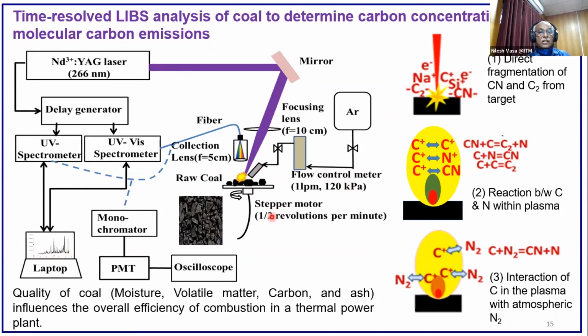So we studied this quantification using the LIBS technique, and we made use of all the elemental lines present in this coal ablation related to carbon, related to ash, etc. At the same time, we also focused on how to improve the carbon emission lines, because when we do laser ablation in air, the carbon emitted from this coal will react with the surrounding atmosphere and form other compounds.